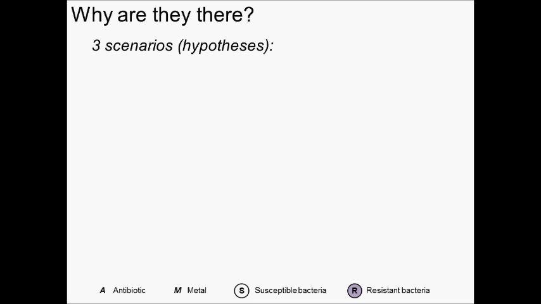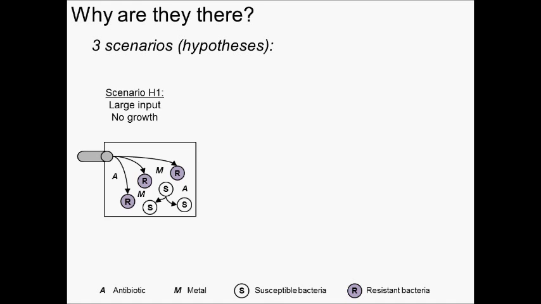I've mentioned that we see relatively high concentrations of antibiotic resistance in the aquatic environment, and one question that may come up is why are they there? There are basically three scenarios or hypotheses. One is that there's relatively large input.